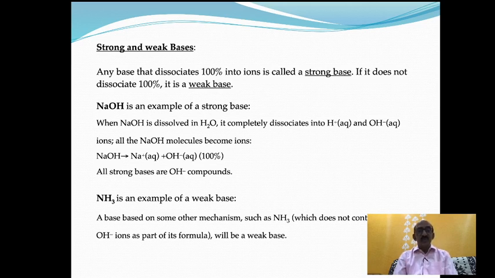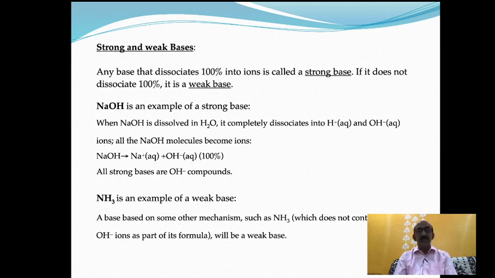Now, come to the example of a weak base: ammonia. It is a very good example of a weak base. A base based on some other mechanism, such as ammonia, which does not contain OH minus ion as a part of its formula, will be a weak base.